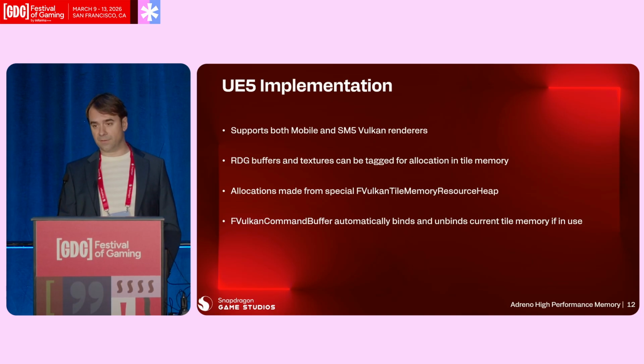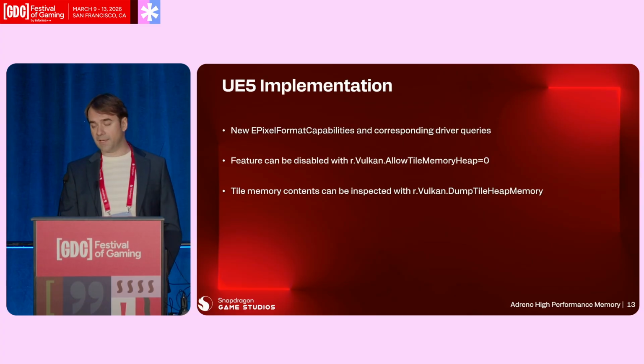And then the Vulkan command buffer class will take care of it: if any resource used in the command buffer uses tile memory, it will automatically bind the tile memory objects at the beginning of the frame. And the implementation will let you put multiple resources in tile memory and figure out all the correct offsets and alignments. And it's render agnostic, so it supports both the Vulkan ES31 mobile renderer and the SM5.